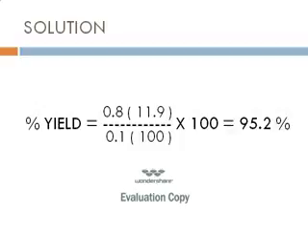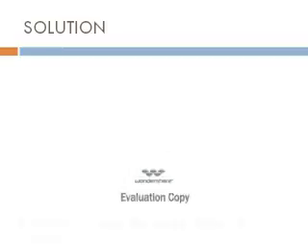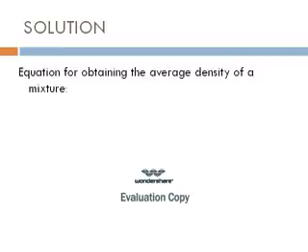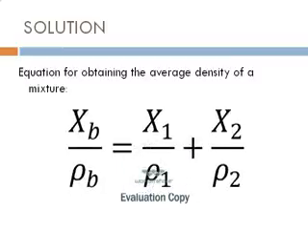Now, to obtain the capacity of each tank, we must get the average density of each stream. The equation to obtain the average density of a mixture is given by X_B over rho_B equals X_1 over rho_1 plus X_2 over rho_2, where X is the mass fraction of the desired material at a certain stream, and rho is the density of the solids present in that stream.